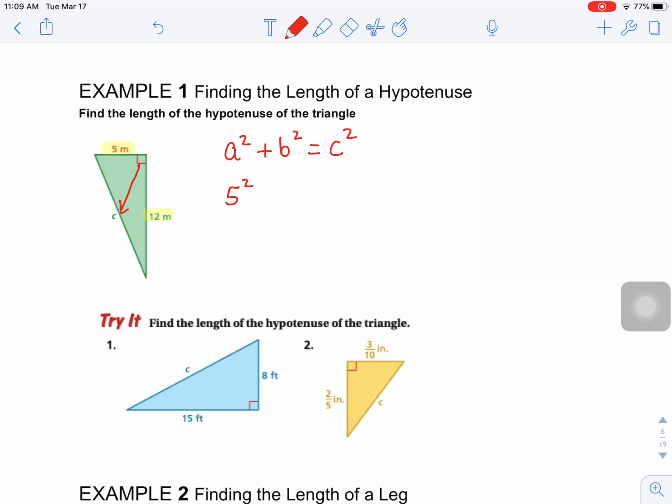So I'm just going to plug in 5 squared plus 12 squared equals c squared, right? And then we're going to evaluate. So 5 squared is 25, 12 squared is 144. c squared is unknown. If I add together 25 and 144, I get 169 equal to c squared.